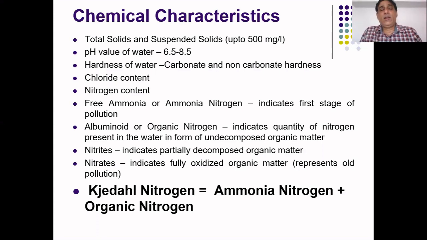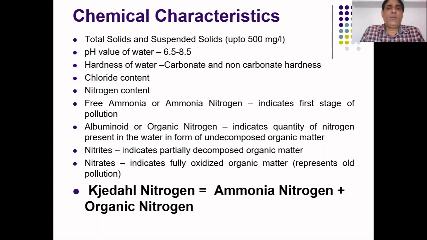So you get the weight of the dissolved solids. Now suspended solids. The weight of the filter paper is, say, A grams. Now after passing the water through it, the weight definitely will increase because the suspended solids will get attached to it.